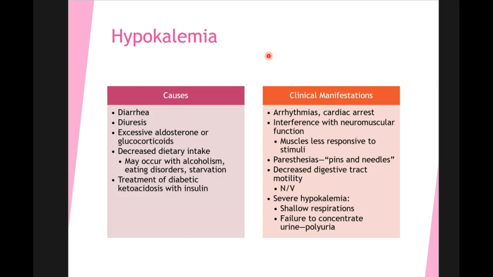The other thing that could cause hypokalemia is excessive aldosterone or glucocorticoids in the body. So that's like in Cushing syndrome, where glucocorticoids have activity that promotes the retention of sodium and favors excreting potassium.